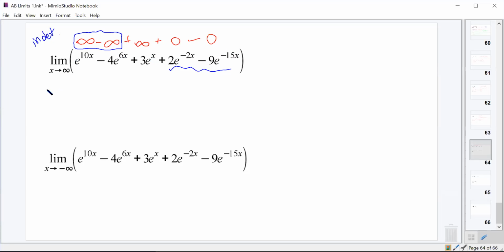And if u is negative x, then if x is approaching infinity, u would be approaching negative infinity, and in that case we'd want positive exponents, because the negative exponents would cause a problem. It's a good idea, but it doesn't end up working.